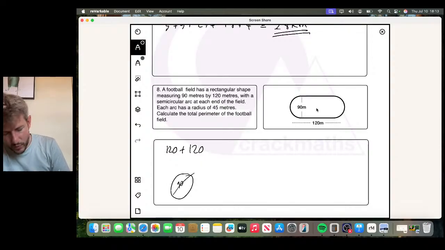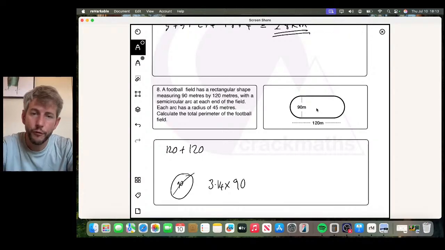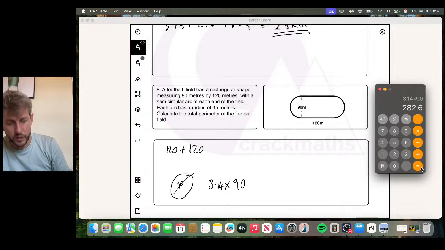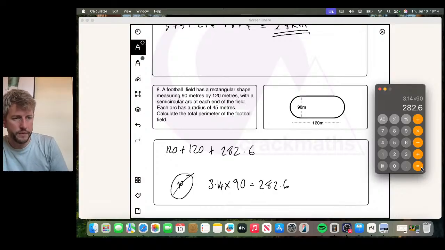So we are going to do 3.14 times 90, and that equals 282. We're going to add that on here, because that gives us the distance of the curves.